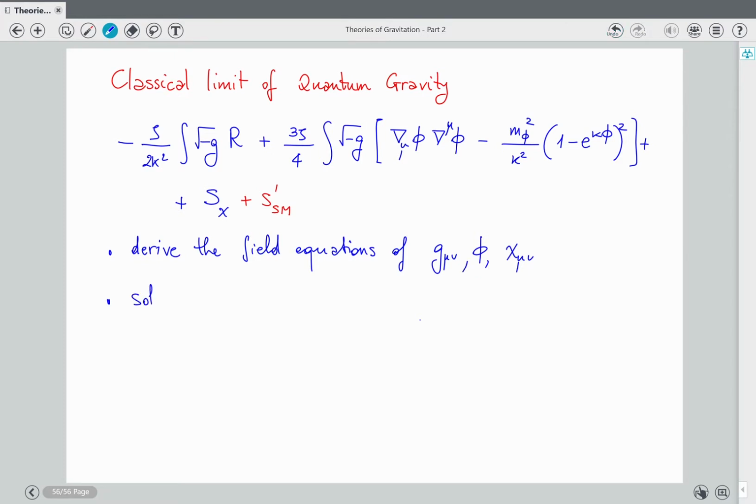Solve those of chi by means of the fake Green function.